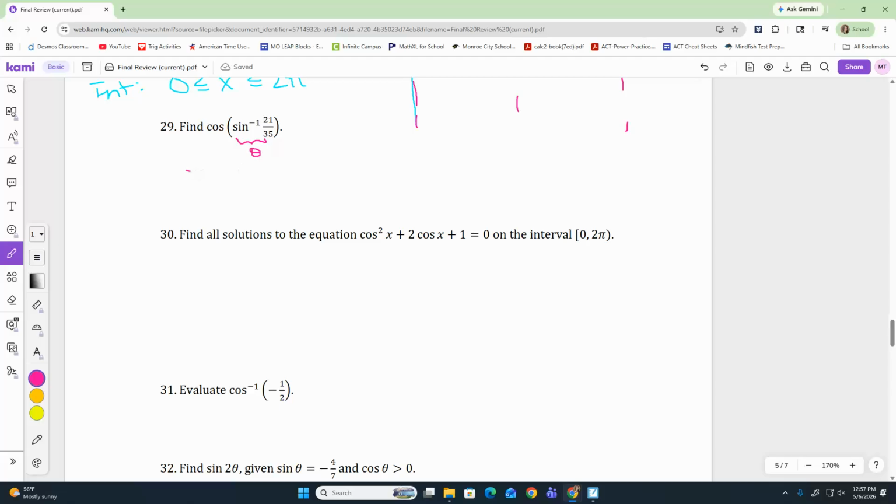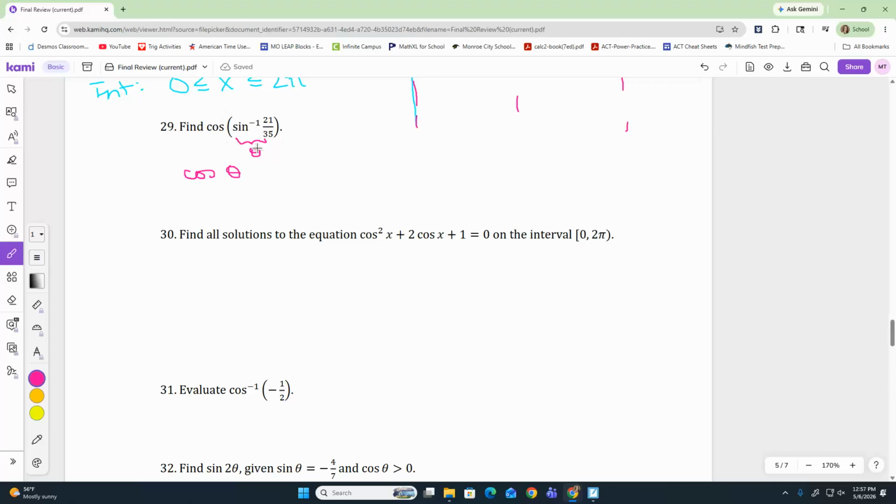I'm asking you to find cosine of that angle. Yes, you could plug this in your calculator, but you're going to get a decimal answer. On the test, I would probably make sure it involved a radical, so I would know if you used a calculator or not.